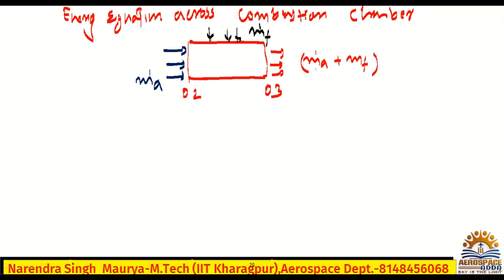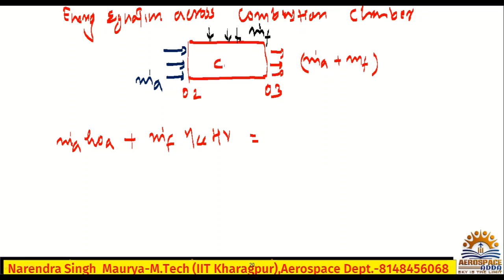Now we'll write the energy equation across the combustion chamber. So this will be, check, M dot A H naught A plus M dot F eta CC into heat value. This is very generic combustion chamber energy equation.